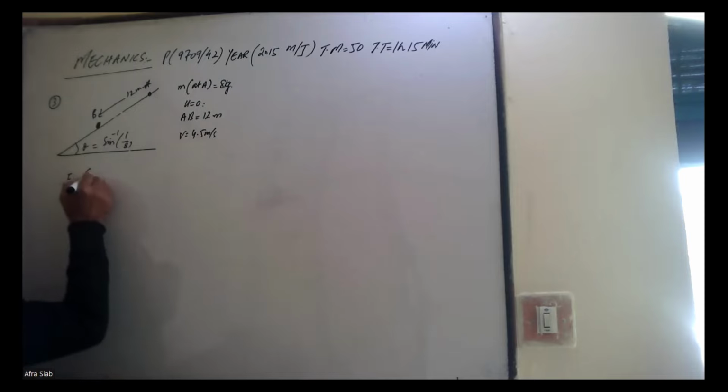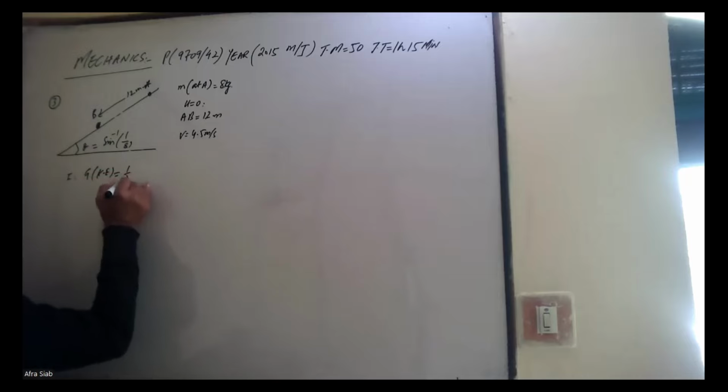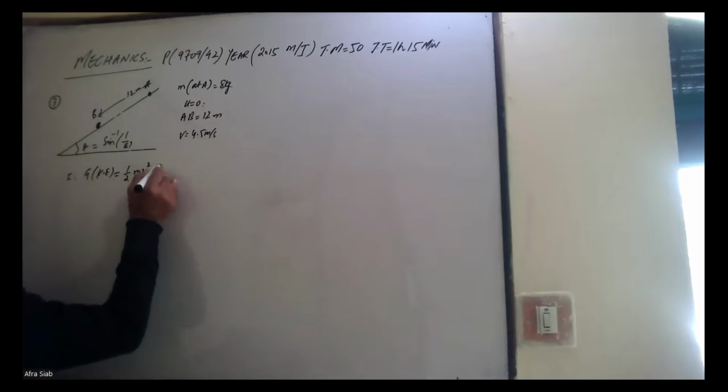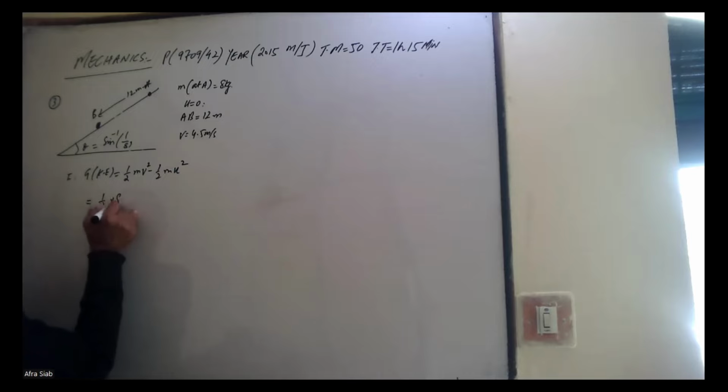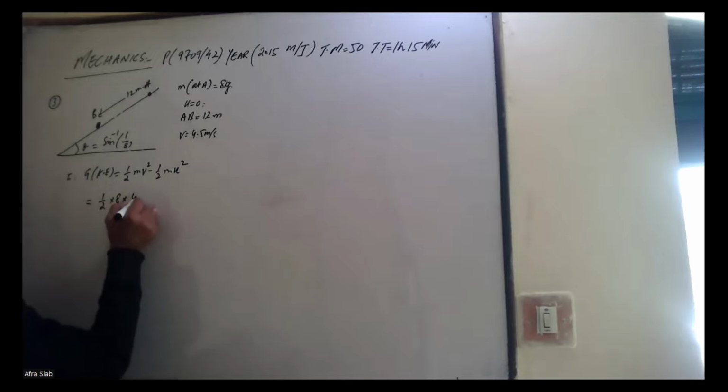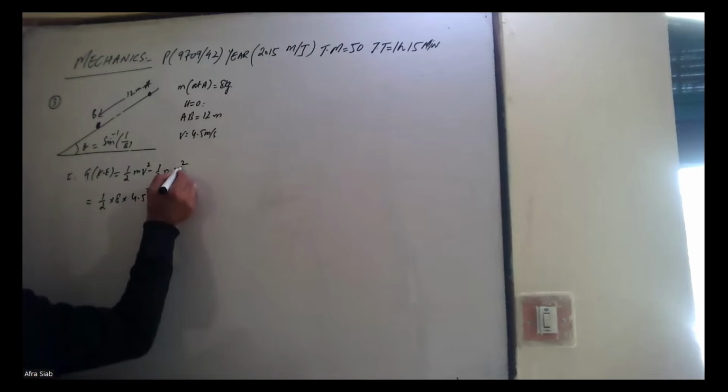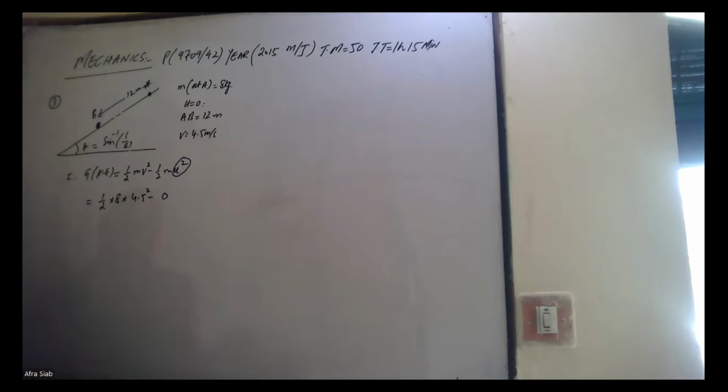So they are asking the gain in kinetic energy. We know that the gain in kinetic energy will be equal to half mv square minus half mu square. Half, mass is 8, v is 4.5 square minus 0, because the initial velocity is 0 there.